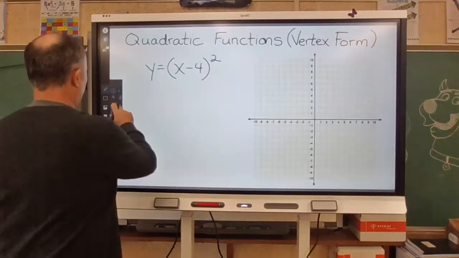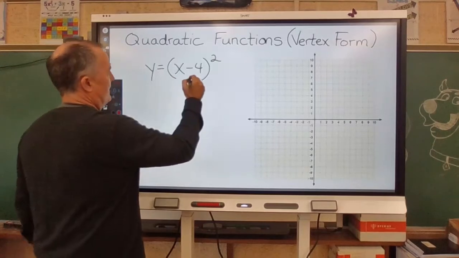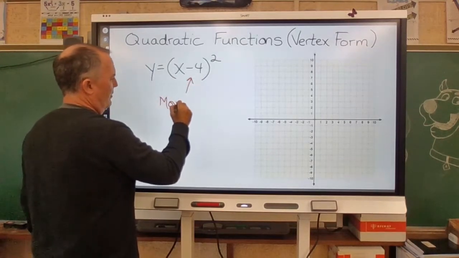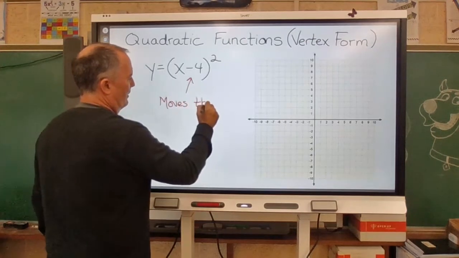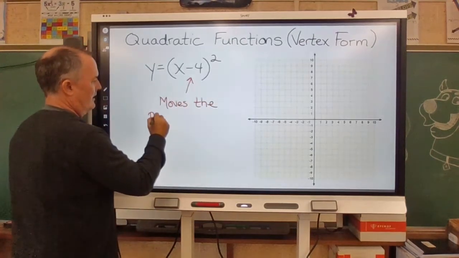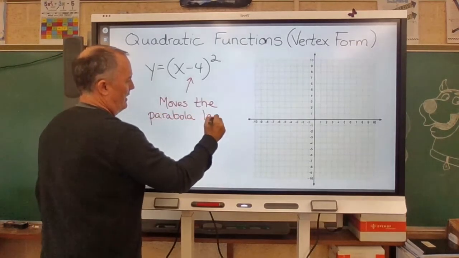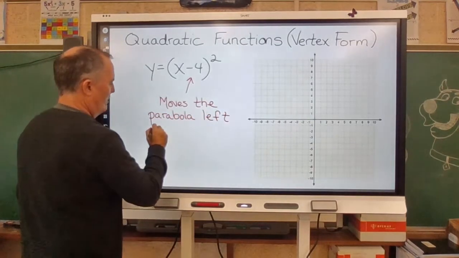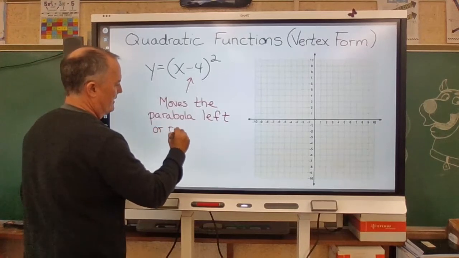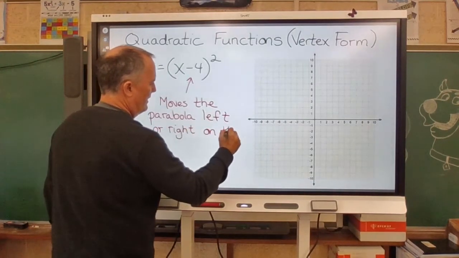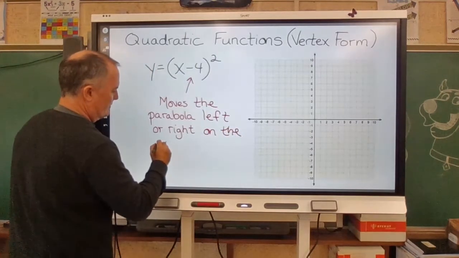So let's fill that out. So this number on the inside moves the parabola left or right on the x-axis.